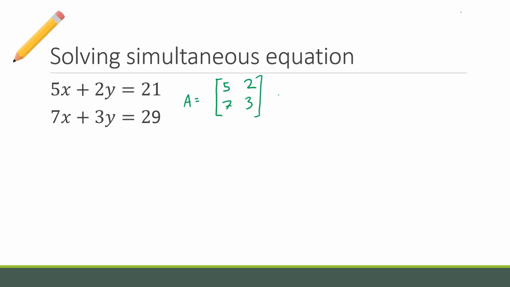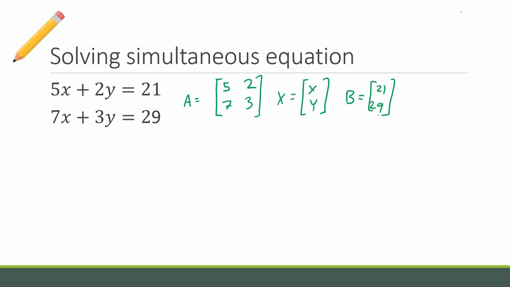We're going to say x equals x, y. And then we're going to say b equals 21, 29.